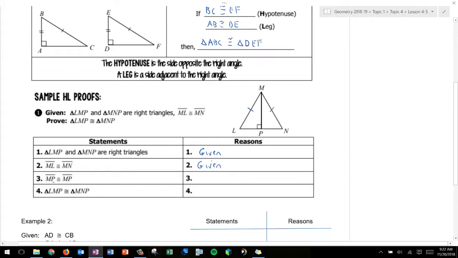Then they made the statement that MP is congruent to MP. That's a shared side, so as we've seen over and over again, we can use the reflexive property there. And then finally, once we have right triangles, we have our hypotenuses being congruent, and we have one set of legs being congruent. These are congruent by HL.